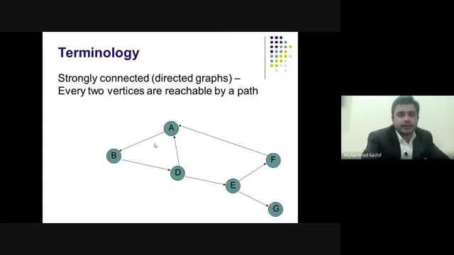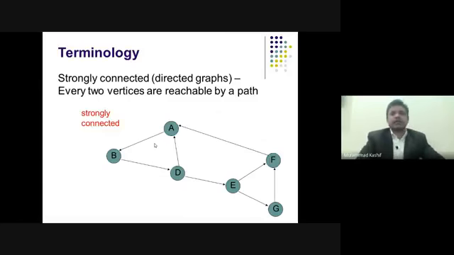This is again an example of a not strongly connected graph. It's a directed graph, but it's not strongly connected, because in this example we cannot reach every two vertices by a path.